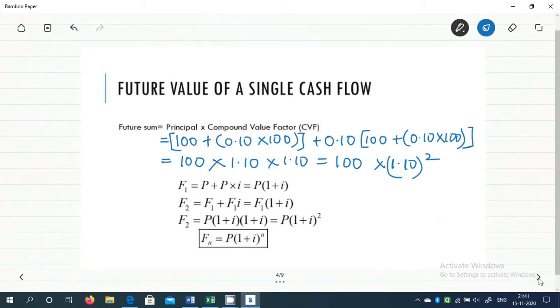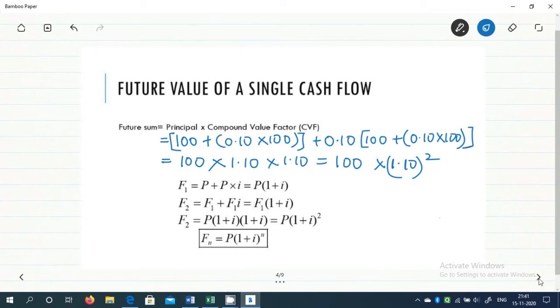F1 equals P plus P into I, which is P into 1 plus I. For the second year, the future value of a single cash flow is F1 plus F1 into I, so F1 into 1 plus I. Putting in the F1 value, that is P into 1 plus I into P into 1 plus I, so I can write P into 1 plus I to the power 2. Similarly for the nth year, I can write P into 1 plus I to the power n.